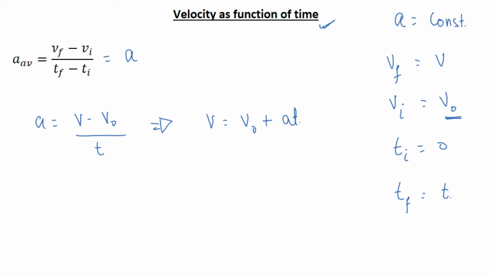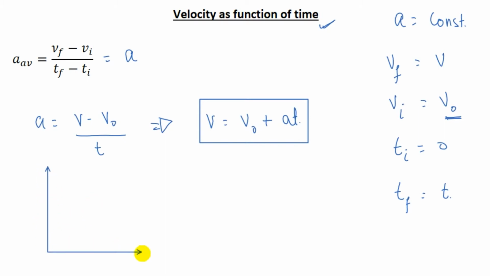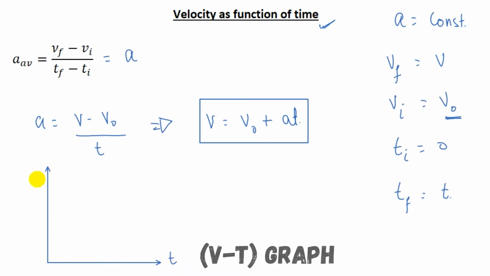Now if you see carefully, this is a straight line on the v-t graph. Let's try to plot this equation on the v-t graph. So this would be the time t, and here this is velocity. So it will be a straight line. Let me show it on the figure, something like that.